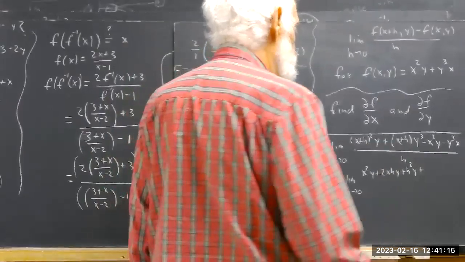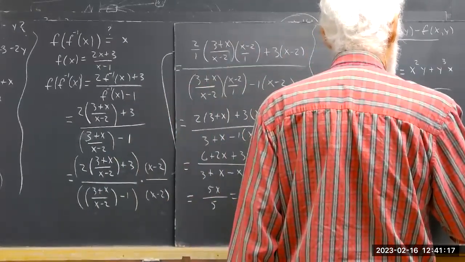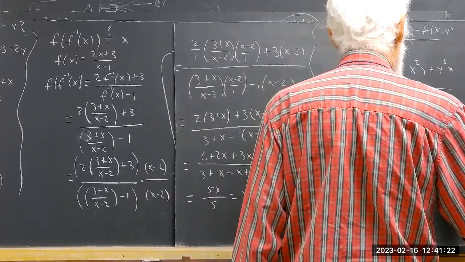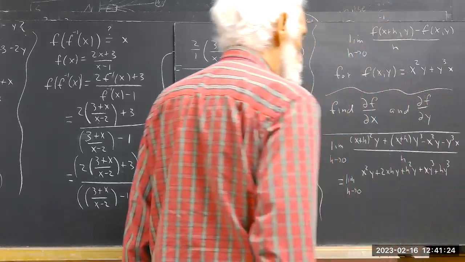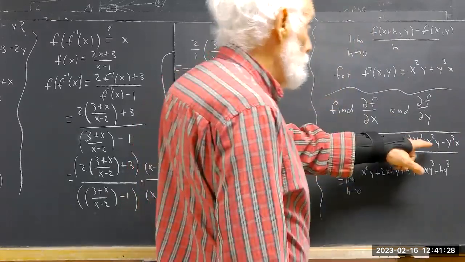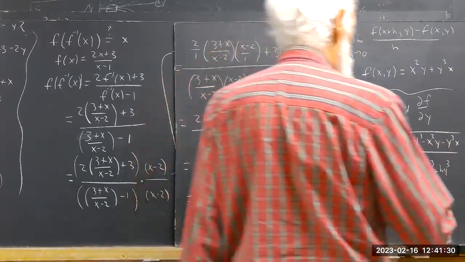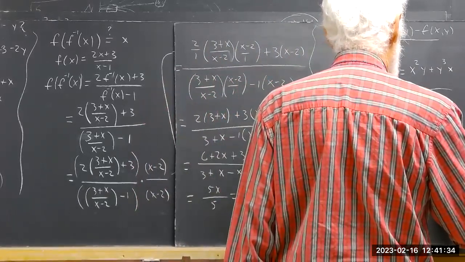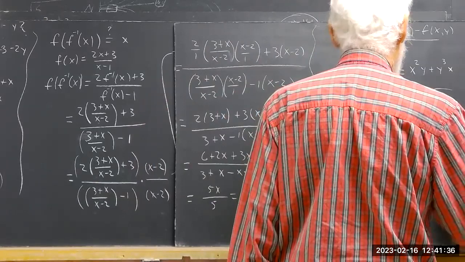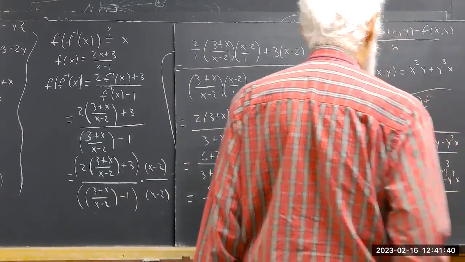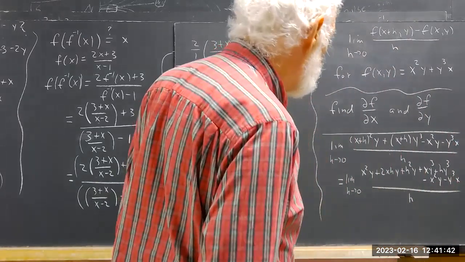And then we get x y cubed plus h y cubed. I don't quite have enough room to write the minus x squared y, which is y cubed x. So that's going to go here: minus x squared y minus y cubed x. All that divided by h.